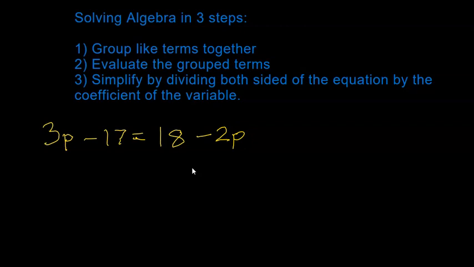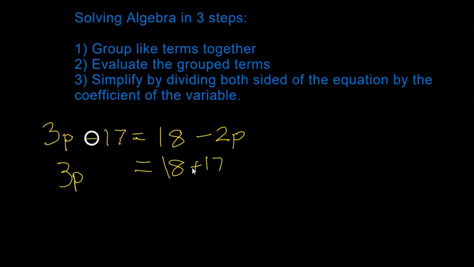Okay, so what do we do? We first put our equal to sign, and then on the left we have 3p. All right. So we're going to move minus 17 to the right. Okay, so already we have 18 here. That doesn't change, right? And then once we bring the 17, it becomes plus 17, right?